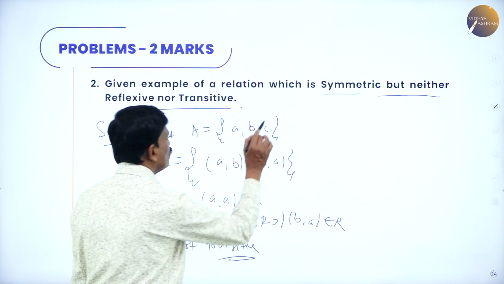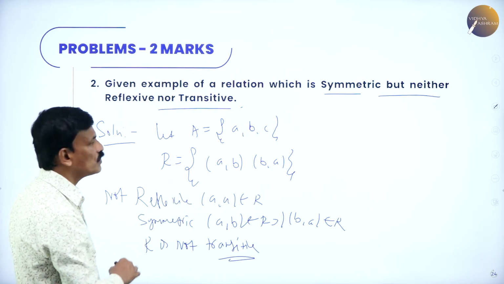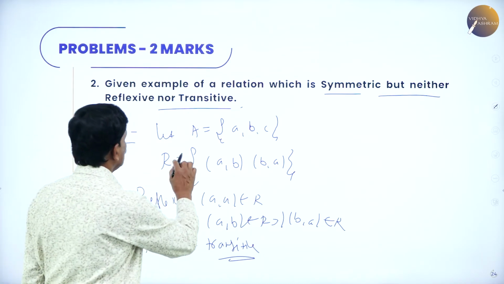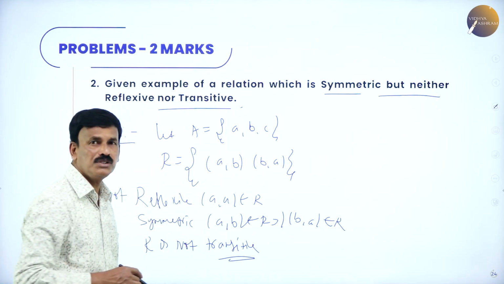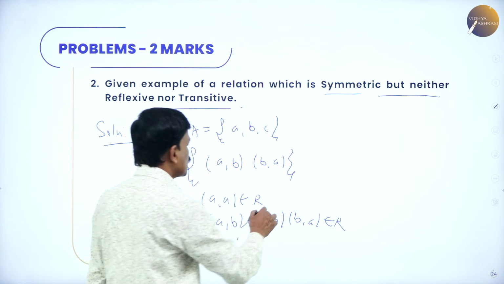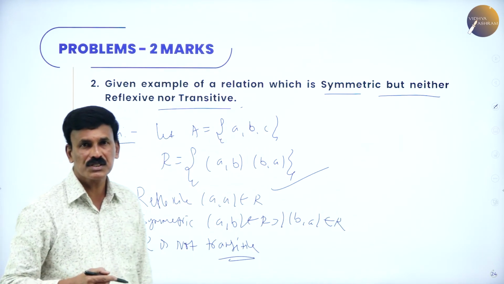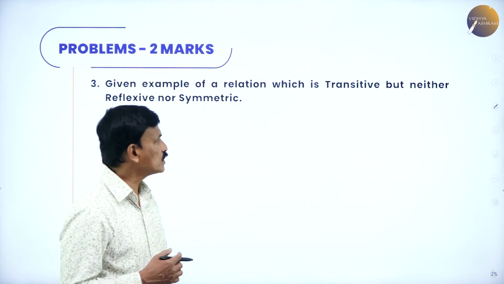So this is an example for a relation which is symmetric but neither reflexive nor transitive, that is, the relation R = {(a,b), (b,a)} on the set A = {a, b, c}. Okay. Now let us come to the next problem.